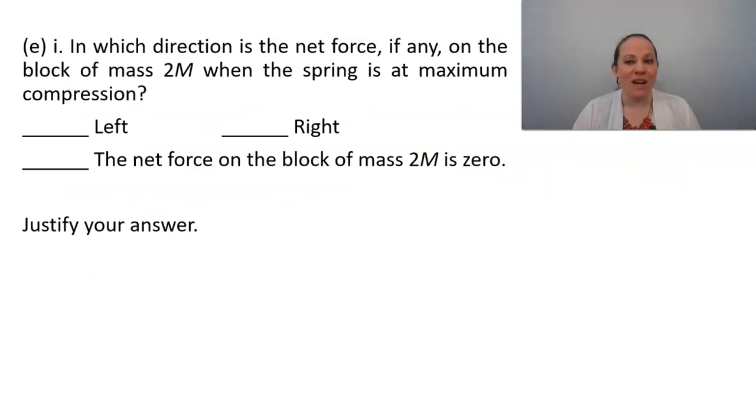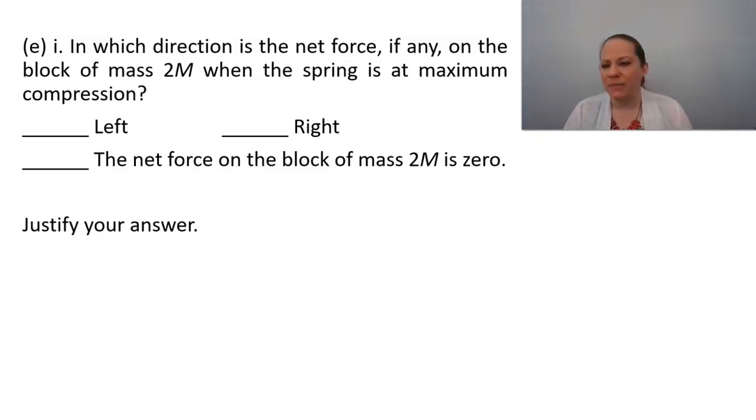Part E, 1. In which direction is the net force, if any, on the block of mass 2m when the spring is at maximum compression? Left, right, or the net force on the block of mass 2m is 0? Justify your answer.